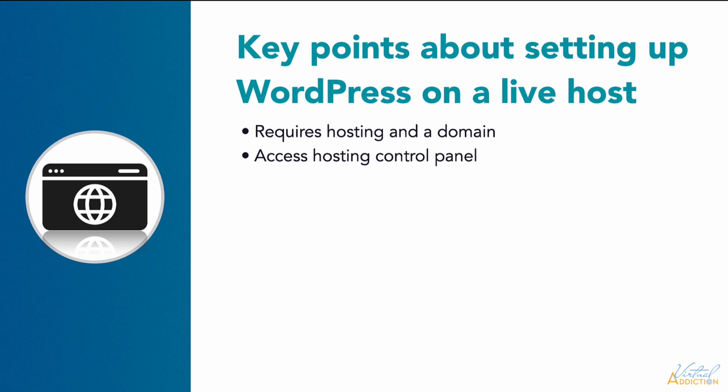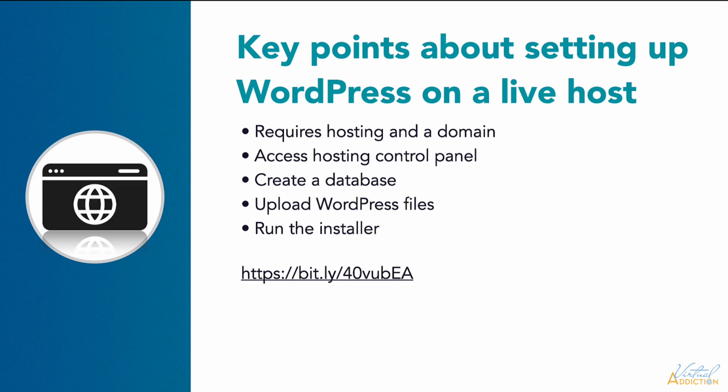This would typically be something like cPanel, depending on the company you're hosting with. You'll set up a MySQL database within your hosting account for WordPress that enables you to store content. You'll download the latest WordPress installation files and upload them to your hosting server using FTP. Then you'll access the WordPress installation script through your domain and follow the on-screen instructions to configure your site.